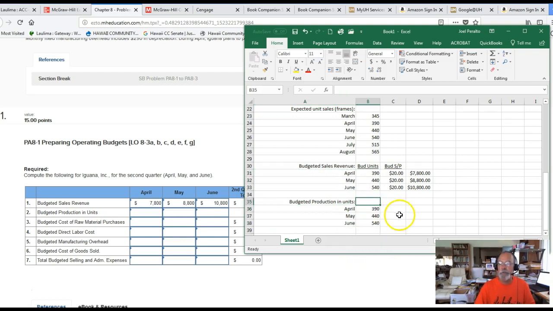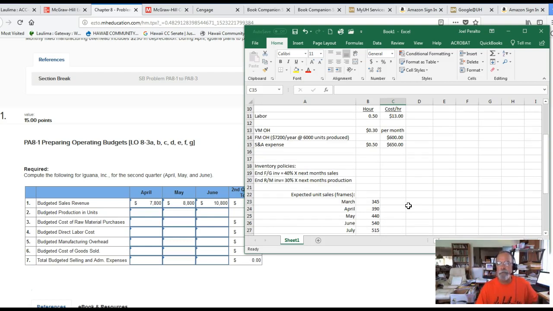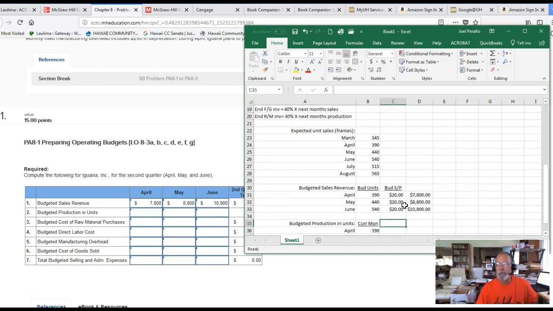Budgeted units, current month. Then our inventory policy is ending finished goods inventory 40% of next month's sales.